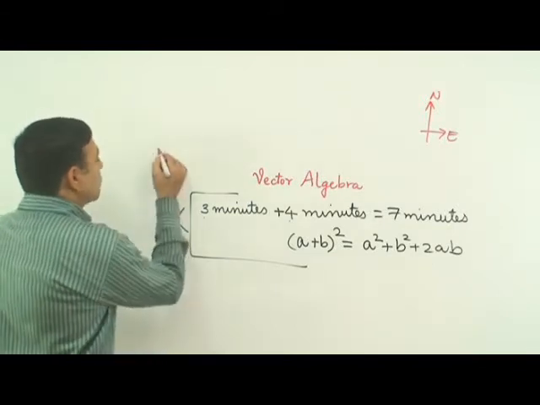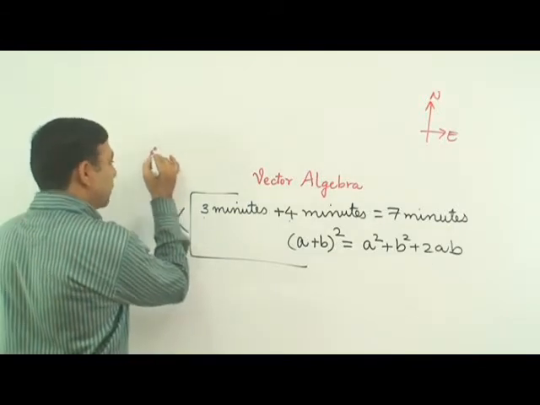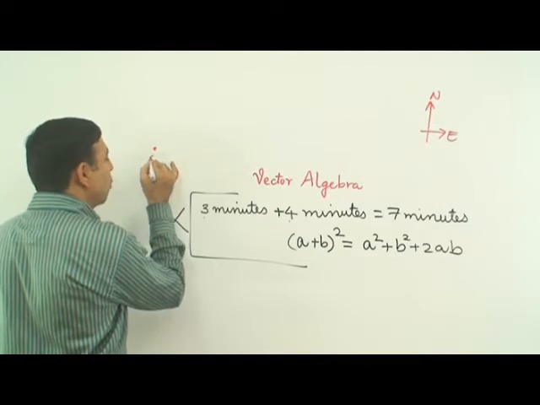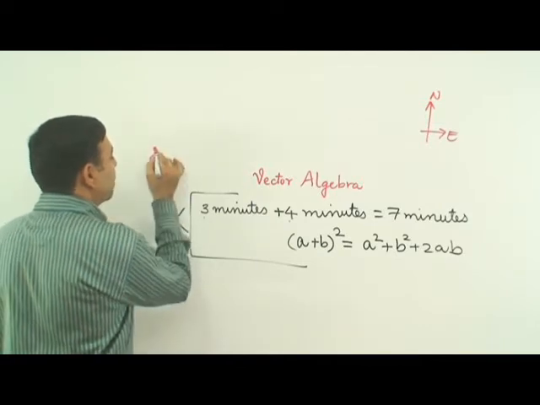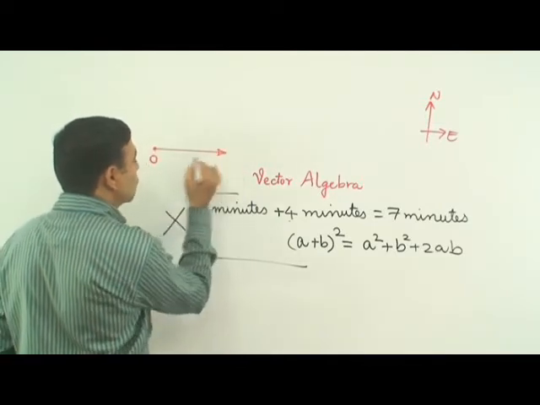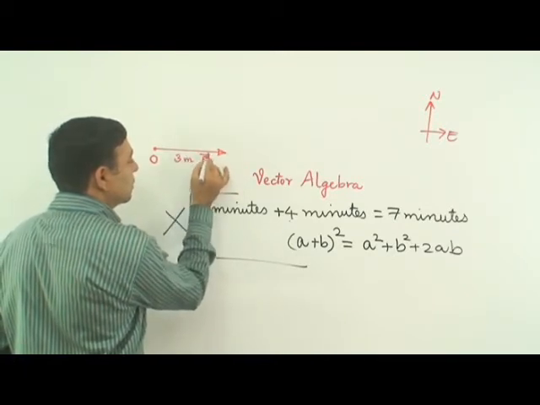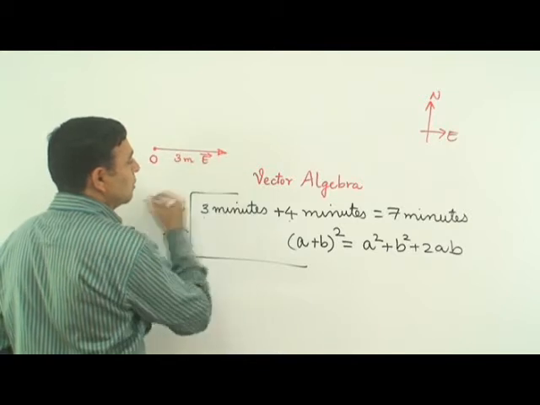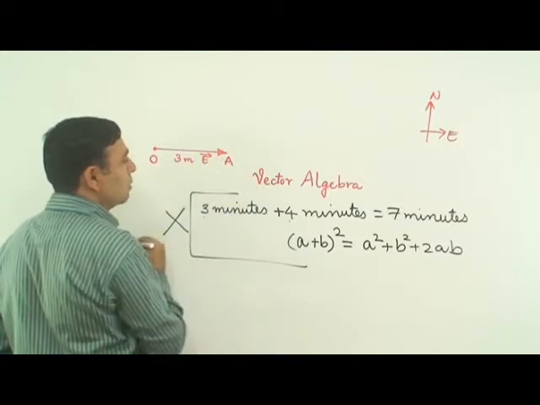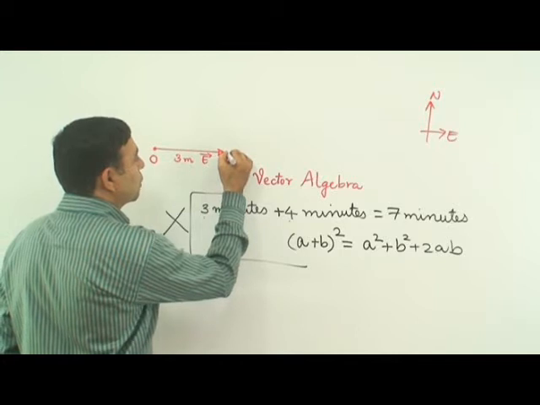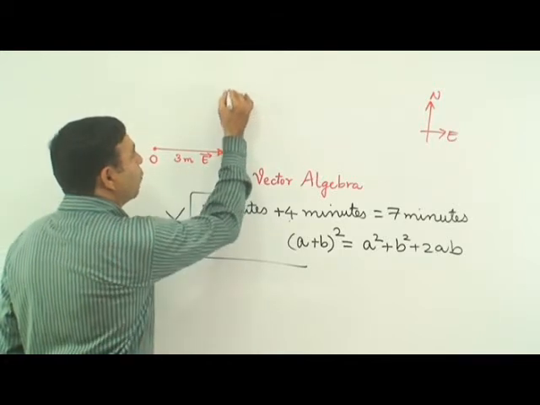Suppose you are here, in your residence at point O, and suppose you travel 3 meters towards east, a 3 meter eastward displacement, to reach point A. Then you turn towards north and travel 4 meters towards north.